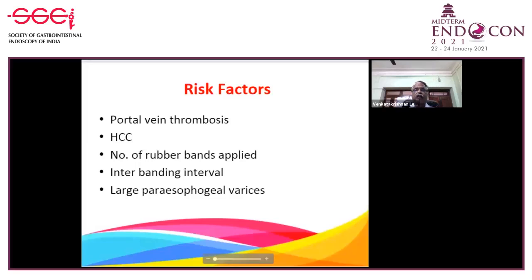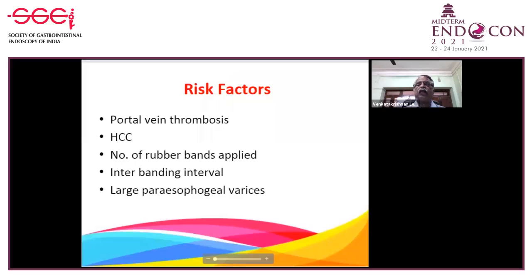In a Mayo Clinic study, it has been shown that if you have an interbanding interval of more than 3 weeks, the risk of ulcer bleed is much less than when the interbanding interval is less than 2 weeks. In patients who had a rebleeding, a study from Dr. Miranda's group from Spain has shown that endoscopic ultrasound evidence of large paraesophageal varices means the rebleeding rate is very high.